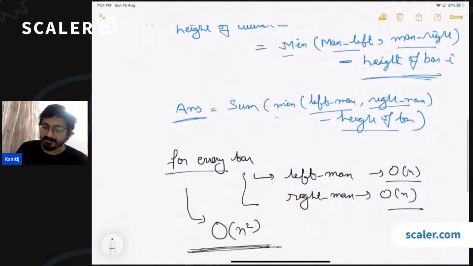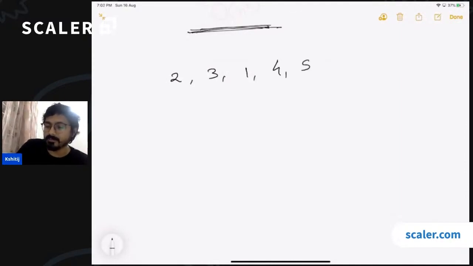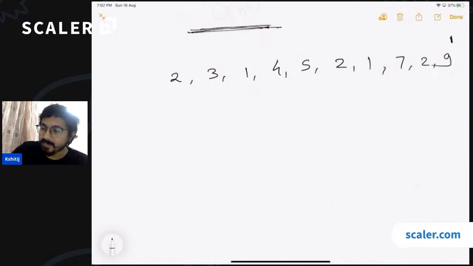So let's actually take a complex example. If the bars are of size 2, 3, 1, 4, 5, 2, 1, 7, 2, 9. If these are the lengths of the bars, and I have to calculate the maximum from the left for this last bar, I'll be starting from here.